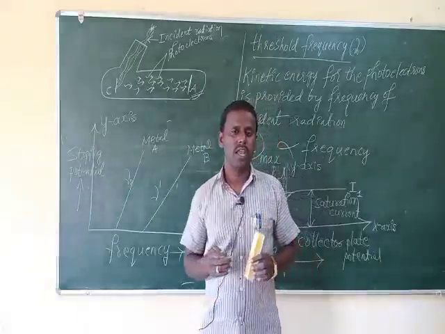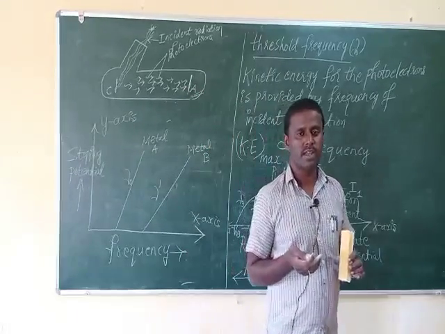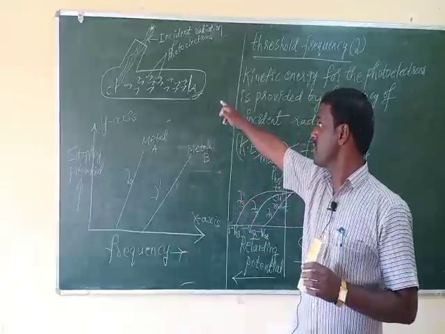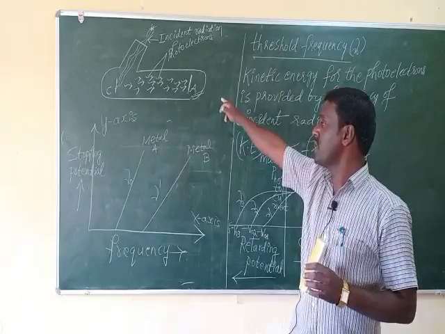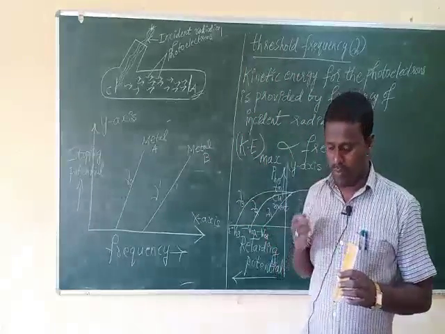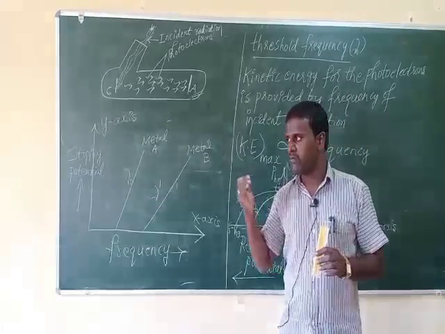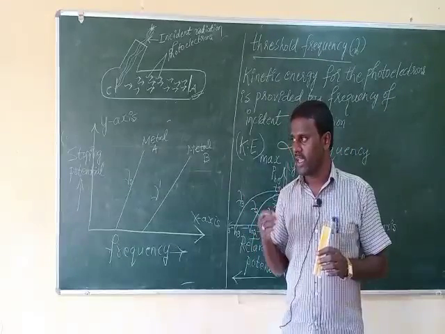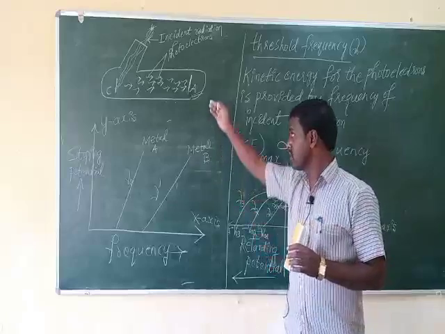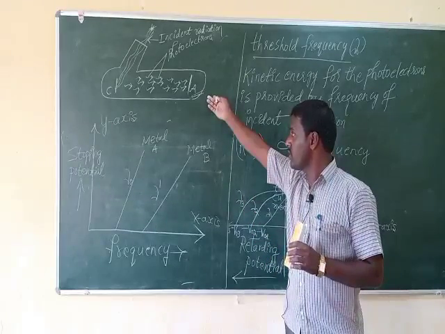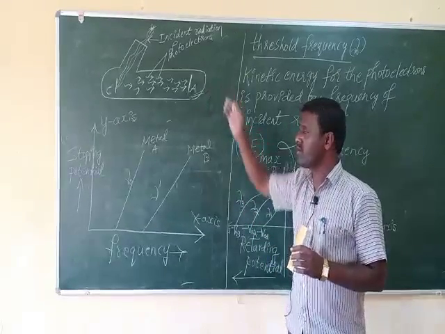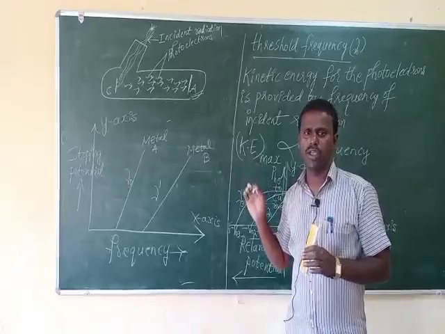If I am using a light of more frequency, then I should increase the negative potential of A to a larger value. If I am using a light of minimum frequency, then here there is no need to increase the value of negative potential of A. Smaller value is okay.